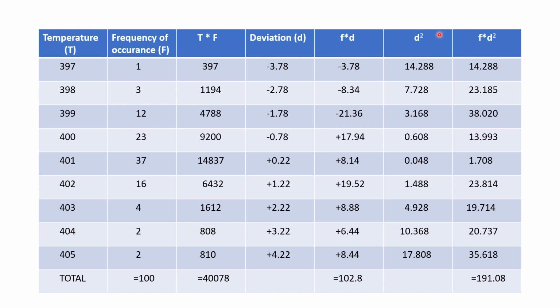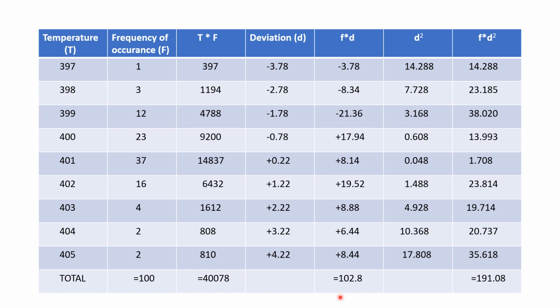I calculated d square, from 14.288 to 17.808, and then f into d square, from 14.288 to 35.618. The sum of fd square is 191.08 and the sum of fd is 102.8, because we need all these values for calculating the given questions.